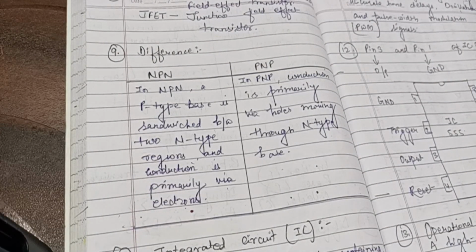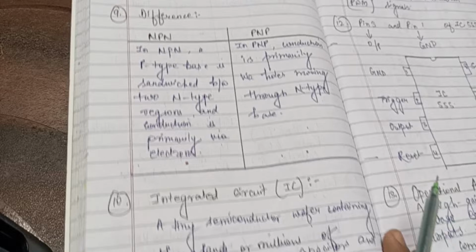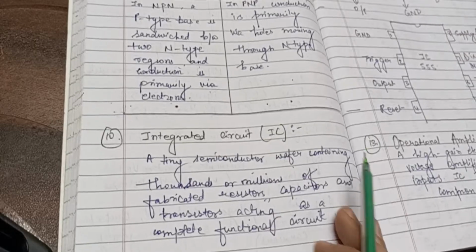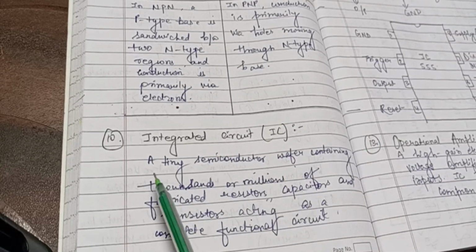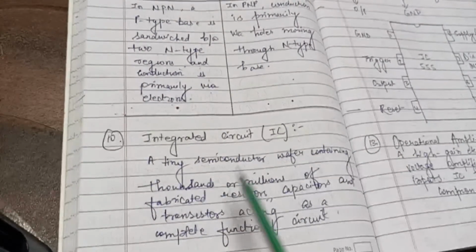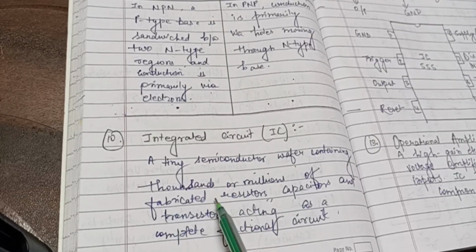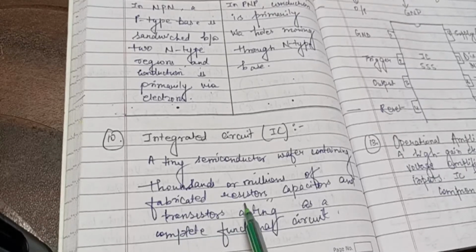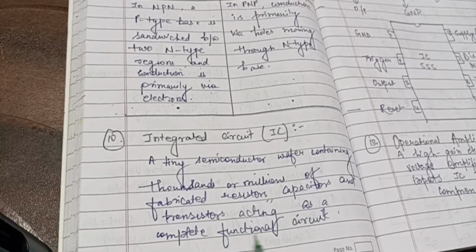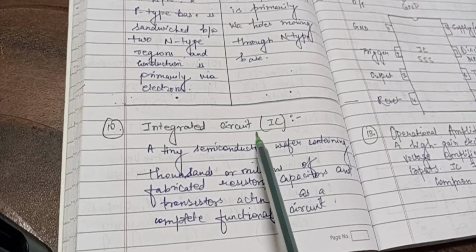Next question that can be asked in any interview is, what is IC? What do you understand by IC? A tiny semiconductor wafer containing thousands or millions of fabricated resistors, capacitors, and transistors acting as a complete functional circuit is an IC.